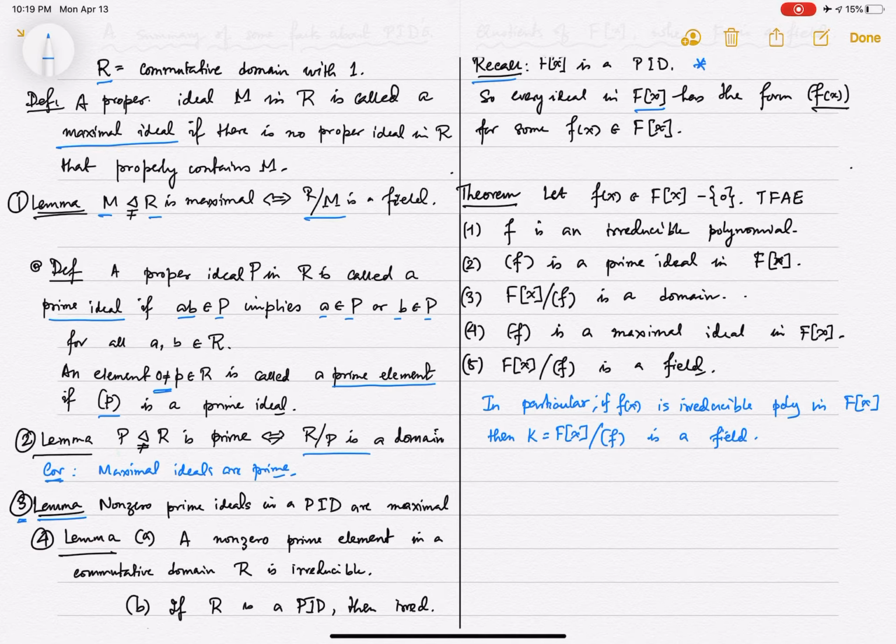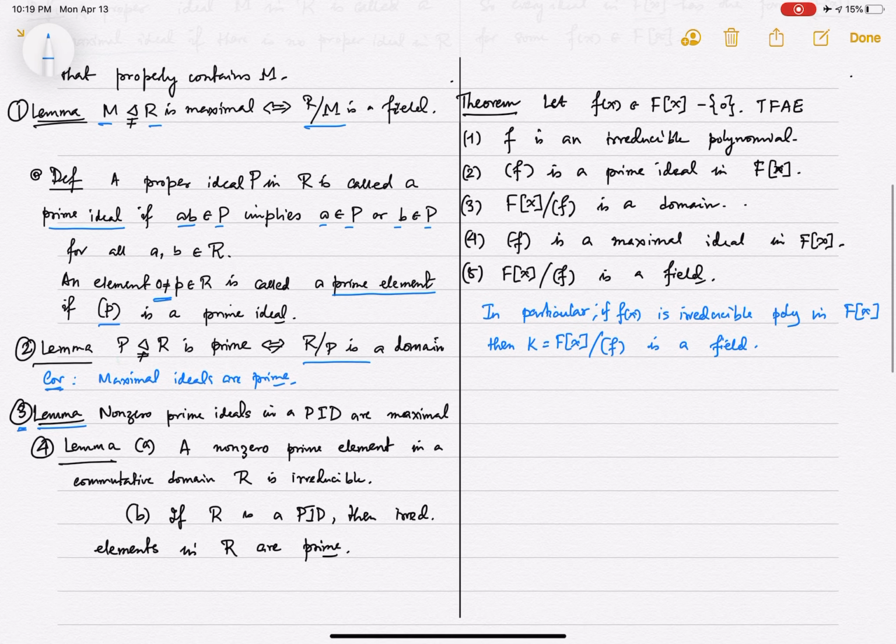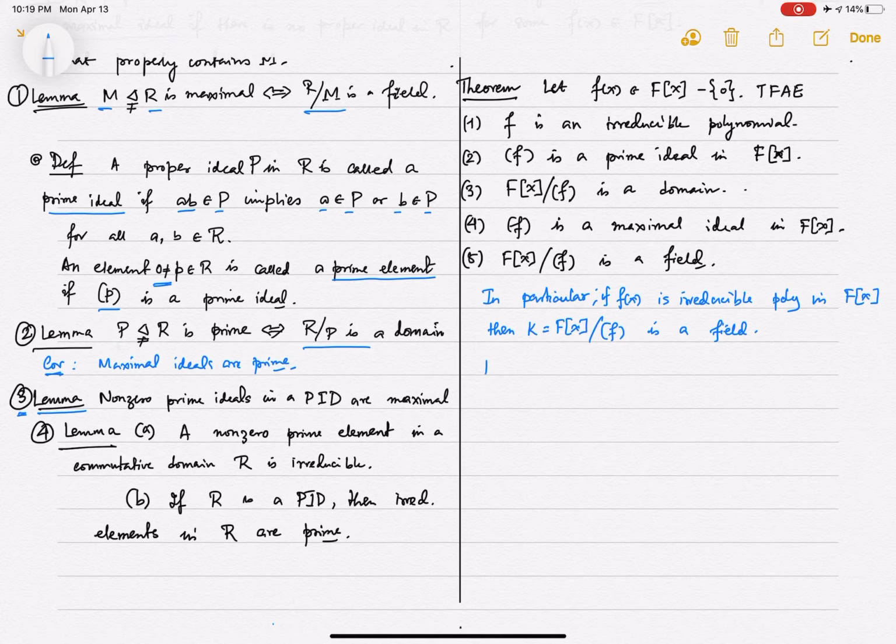Let's see how this theorem follows. Actually, everything that we need is collected on the left. It's all done here. So 1 if and only if 2 follows from lemma 4 down here.